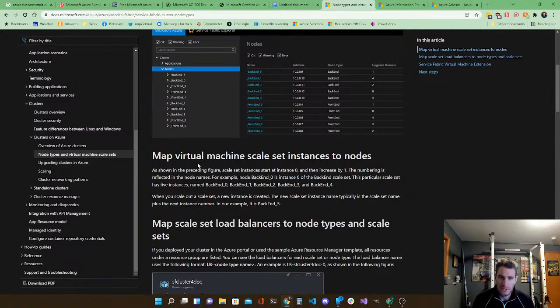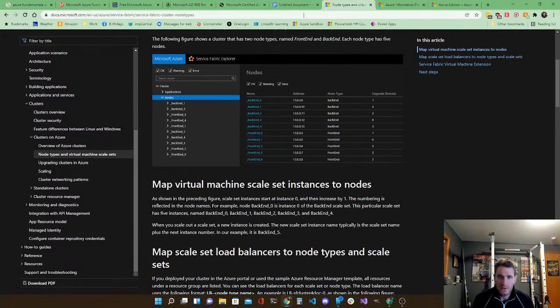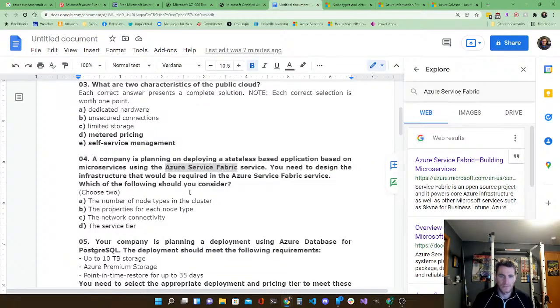Map virtual machine scale sets, nodes. Okay. Well, I think we have some idea here to say company is planning on deploying based on microservices. You need to design the infrastructure that would be required. So, number of node types in the cluster. I mean, you definitely have to think about that. Yeah.